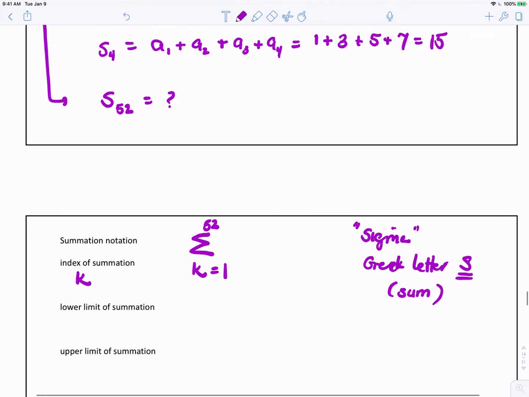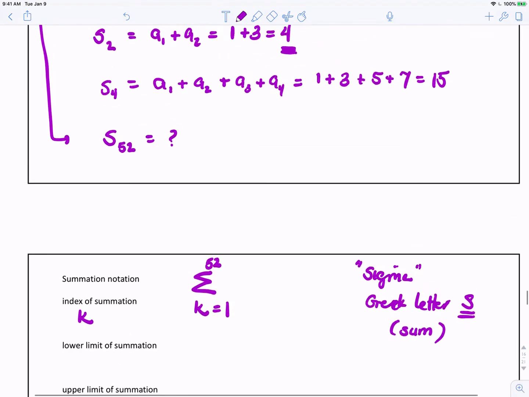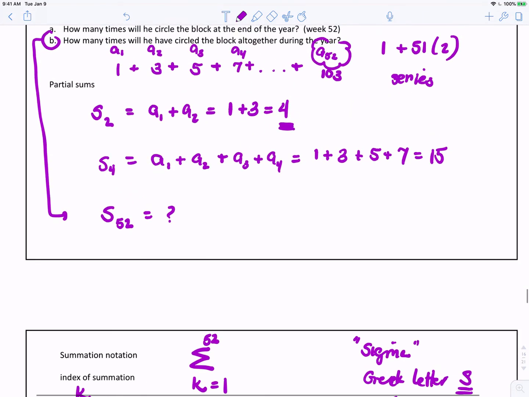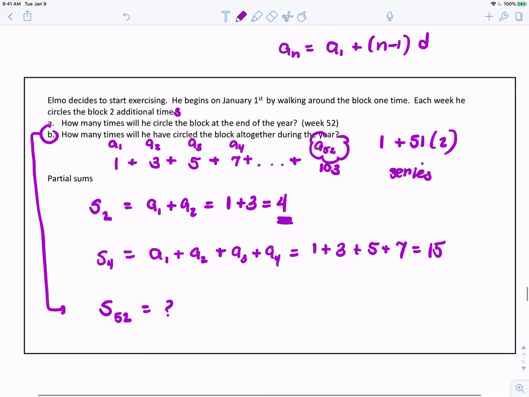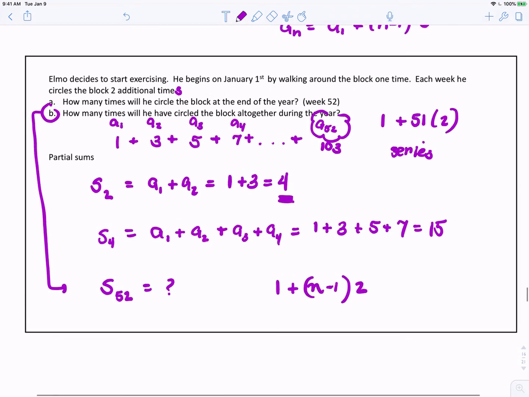So for example, in this case about Elmo, we would like to add up starting from term number 1 to term number 52. And, oh, did we write one? Oh, we didn't write it. A formula for the arithmetic sequence would be a sub 1 plus n minus 1 times the common difference, which is 2.